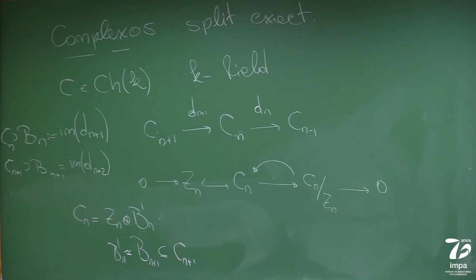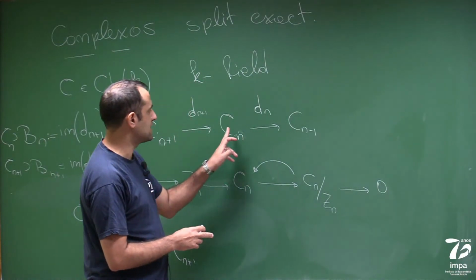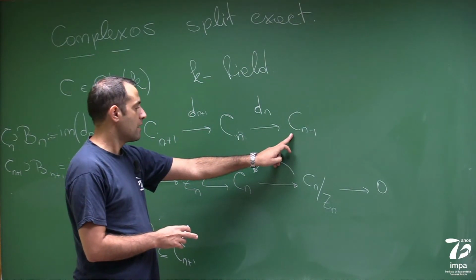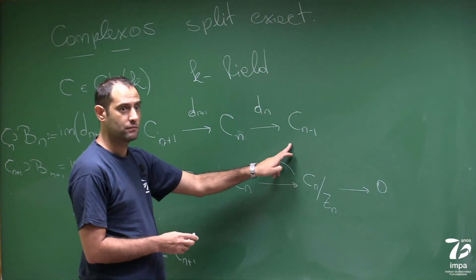Good. But I think in general, if I have a linear map from a vector space to another vector space, then if I kill the kernel, so I have a map, which is this d_n, it factors through the quotient by the kernel of that map.